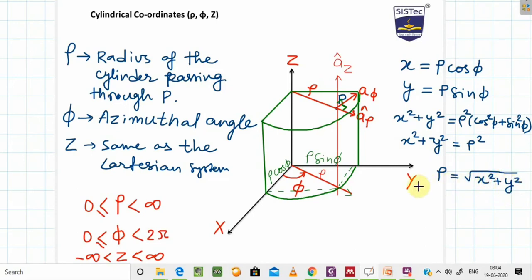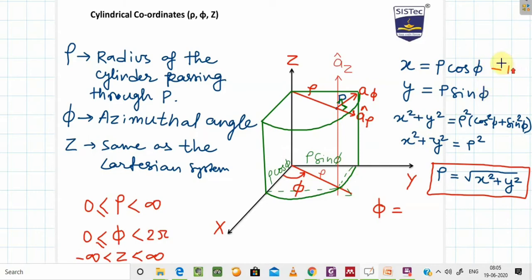So the first coordinate of the cylindrical coordinate system, rho, can be established in the form of Cartesian coordinates x, y, z. Next, how can we get phi? Phi equals what?